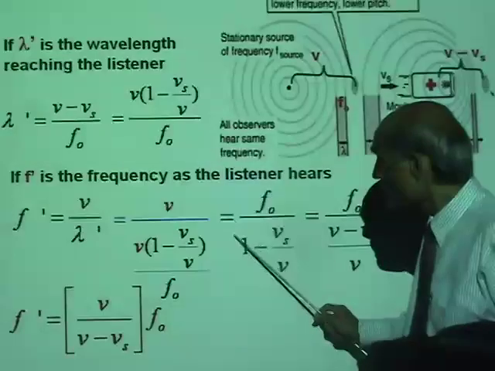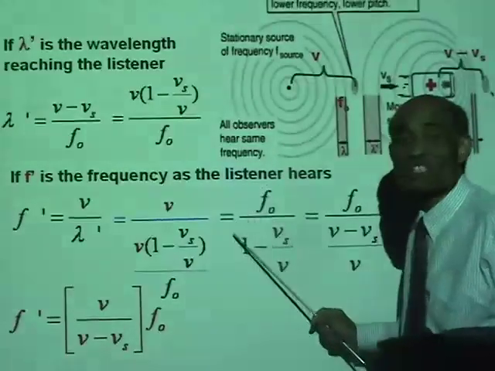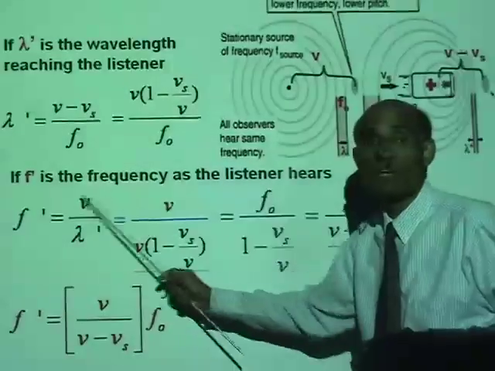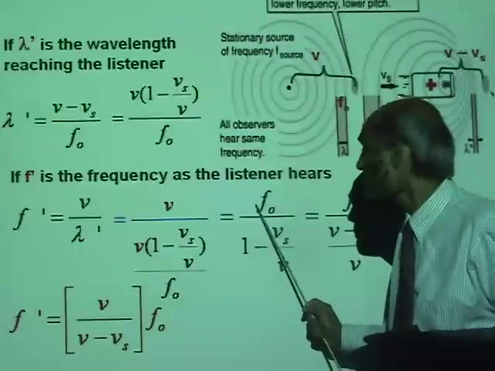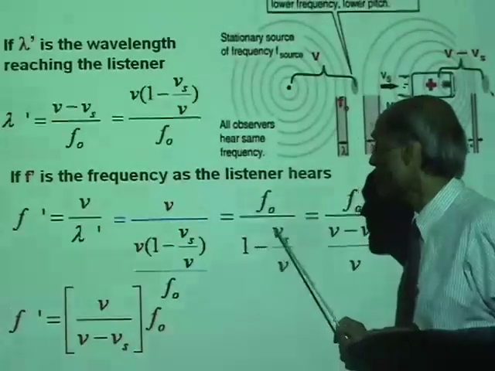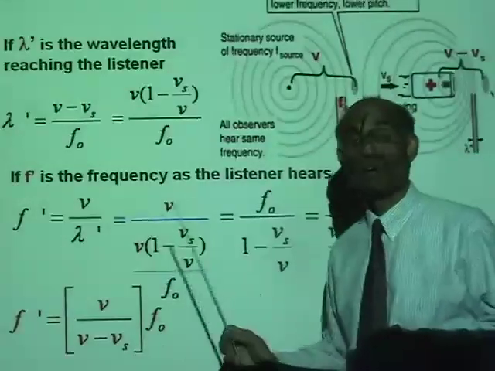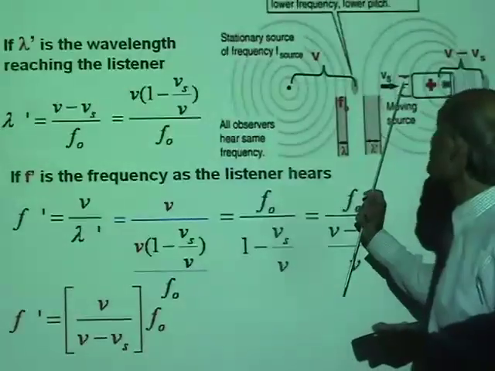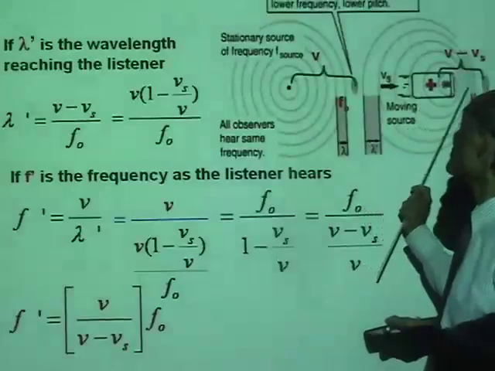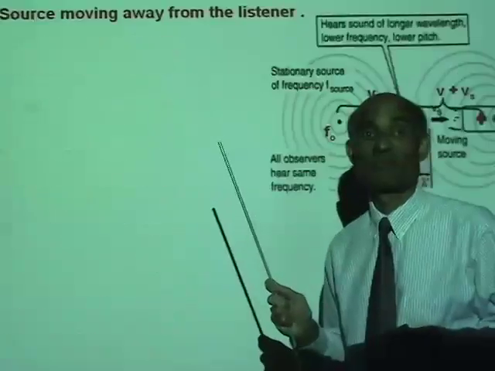But I prefer just to hang on to this equation: F prime equal to f0 over 1 minus vs over v. Now, this is the case where the source is moving towards the listener.